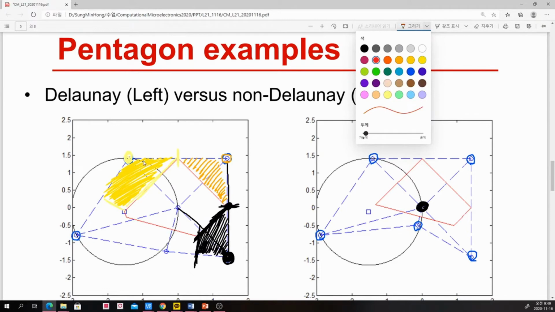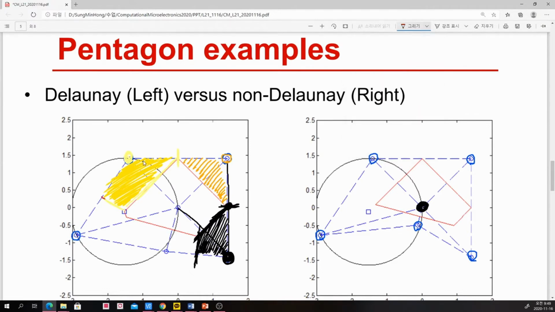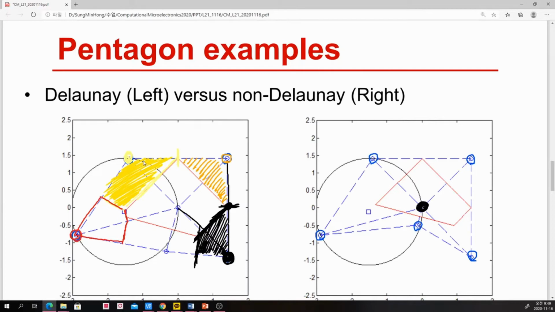Let me just finish our discussion here and here, and also somewhere between here. Yeah, that will also be the Voronoi volume for this red colored one.